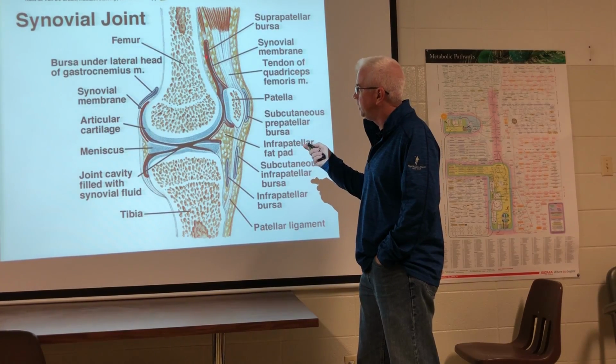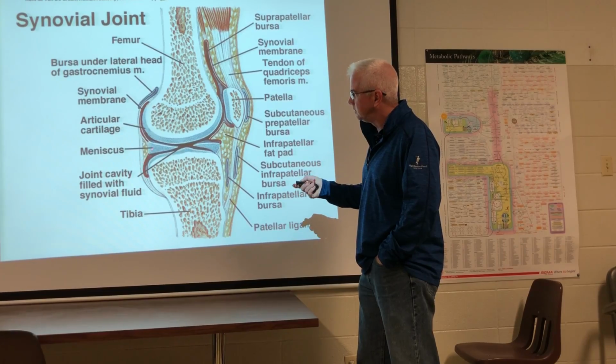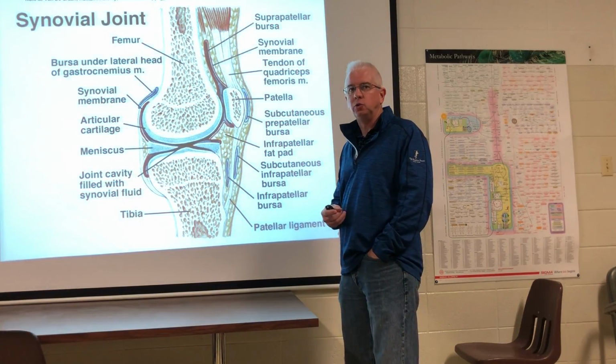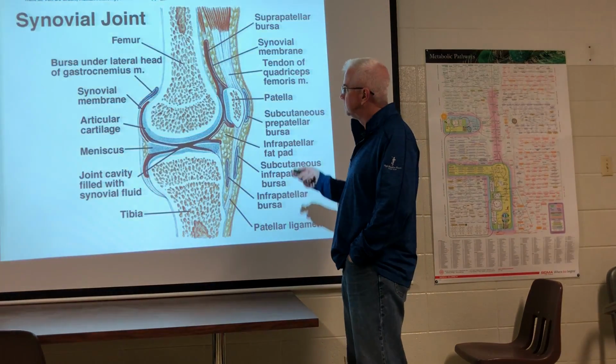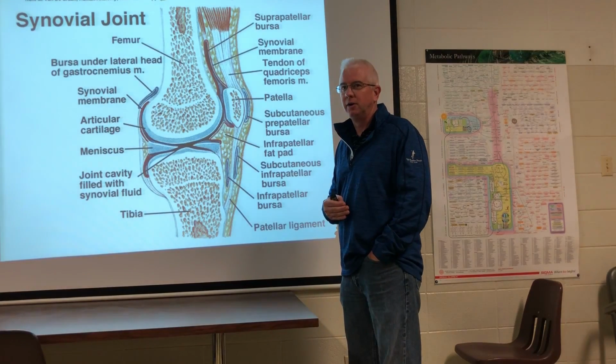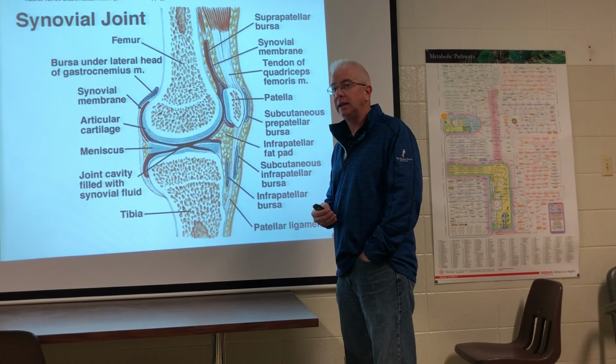So you can see the red here is a soft tissue membrane that lines what we would call the joint cavity. This synovial membrane is accurately colored red here because it is a highly vascularized membrane, and it is in part leaking.